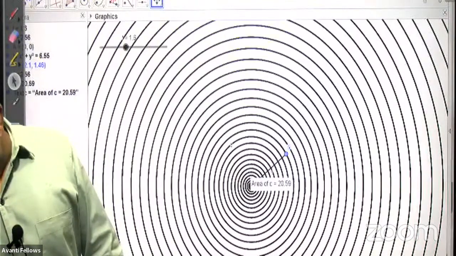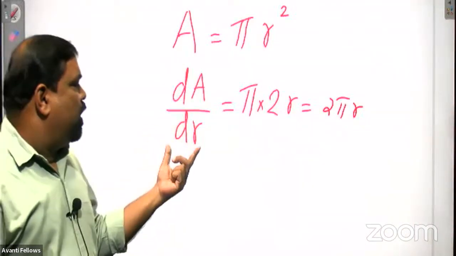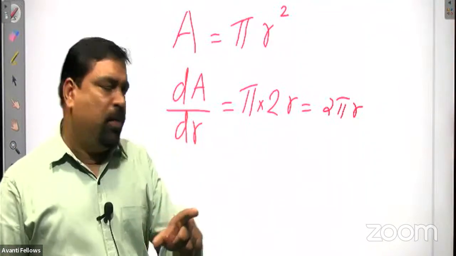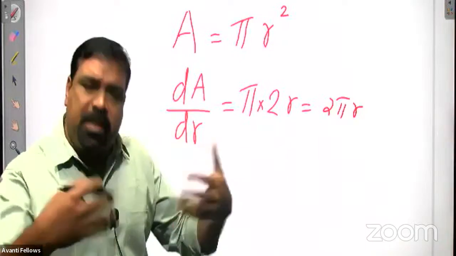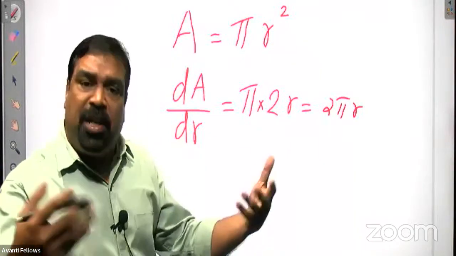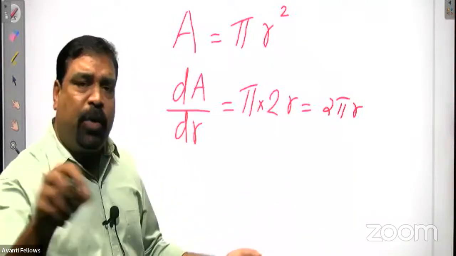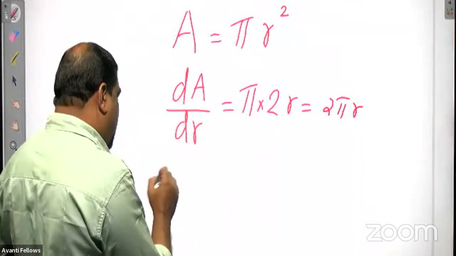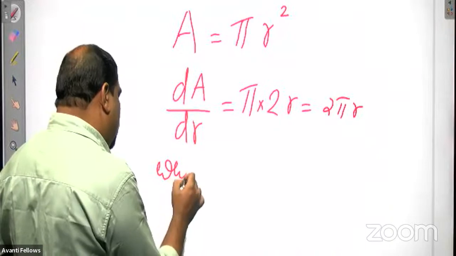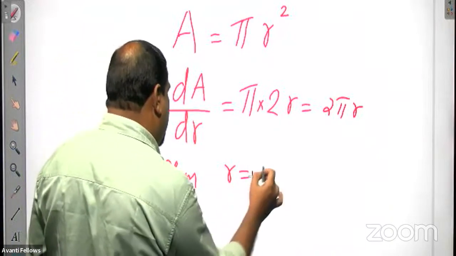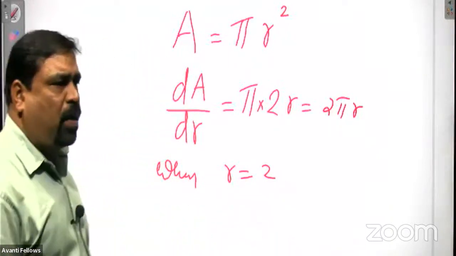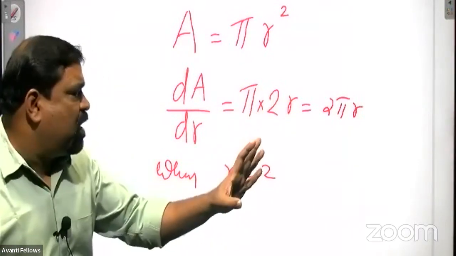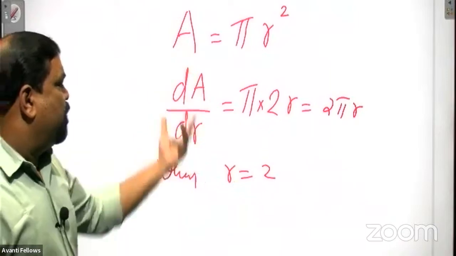Then dA by dr represents the rate of change of area with respect to the radius, meaning how fast the area is changing with respect to the radius. Suppose I want the rate of change at a particular instant, when the radius is 2. At that moment, what is the value of dA by dr?